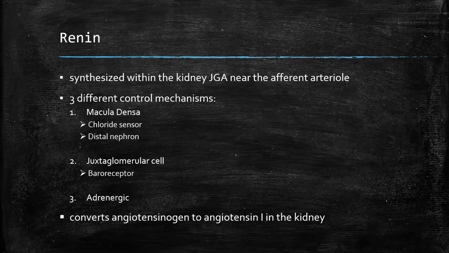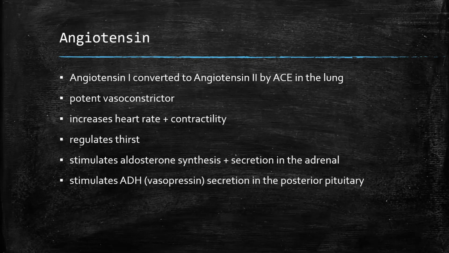The whole point of renin here is to convert circulating angiotensinogen to angiotensin 1, and all this happens in the kidney. Angiotensin 1 is then converted by the angiotensin converting enzyme, which exists in the lung, and that's where we get the final finished product, angiotensin 2, which I'll just call angiotensin.